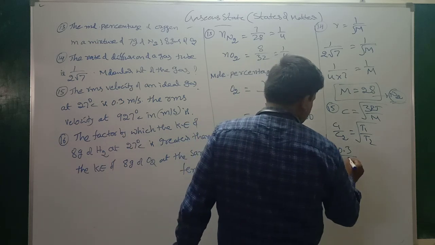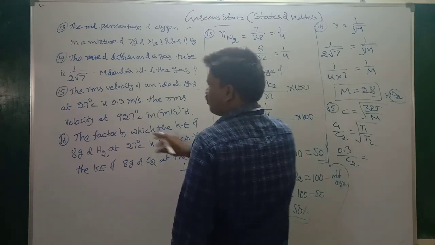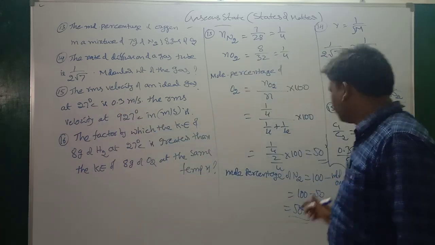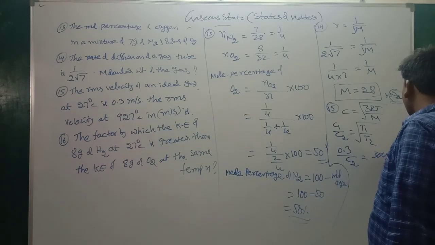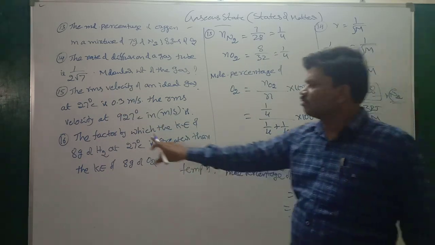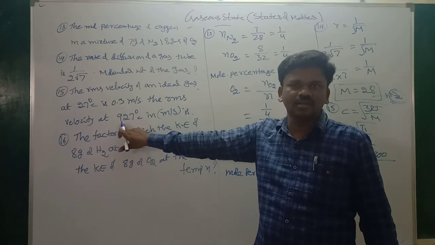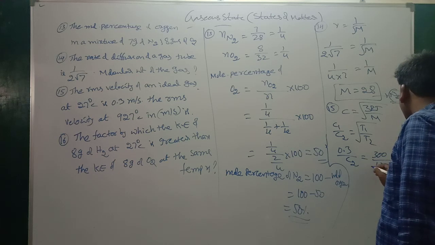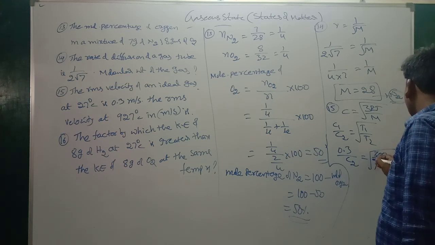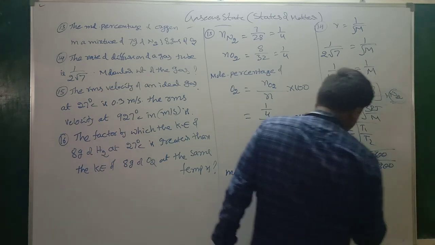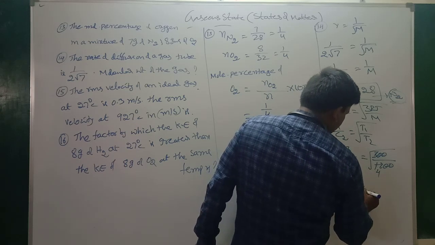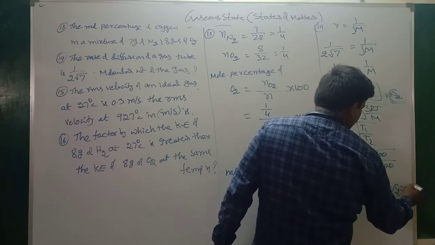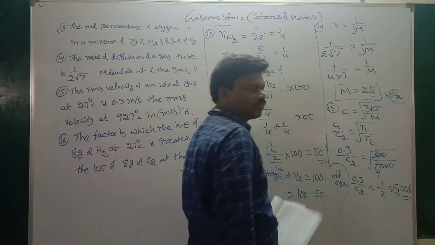To calculate C2, T1 is 27 degrees centigrade, converted to Kelvin, 300 Kelvin. And T2 is 927 degrees centigrade, converted into Kelvin, equal to 1200. Then 0.3 by C2 is equal to 1 by 2, then C2 is equal to 0.6 meter per second.